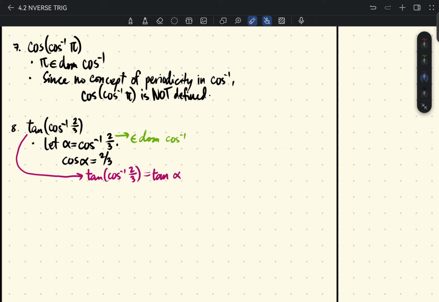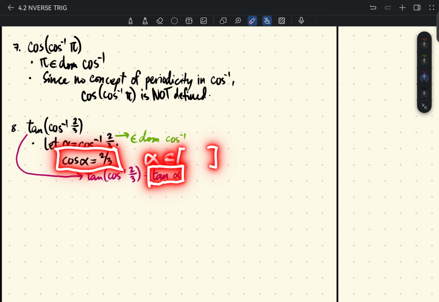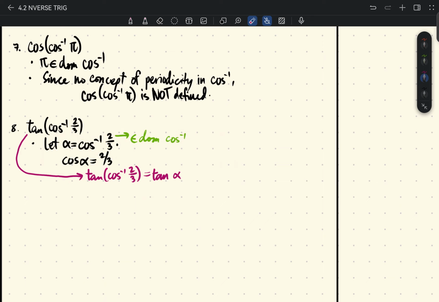And if you can recall from what we did in the previous units, given one trigonometric function and some interval containing your alpha, you can clearly determine all the remaining trigonometric functions.